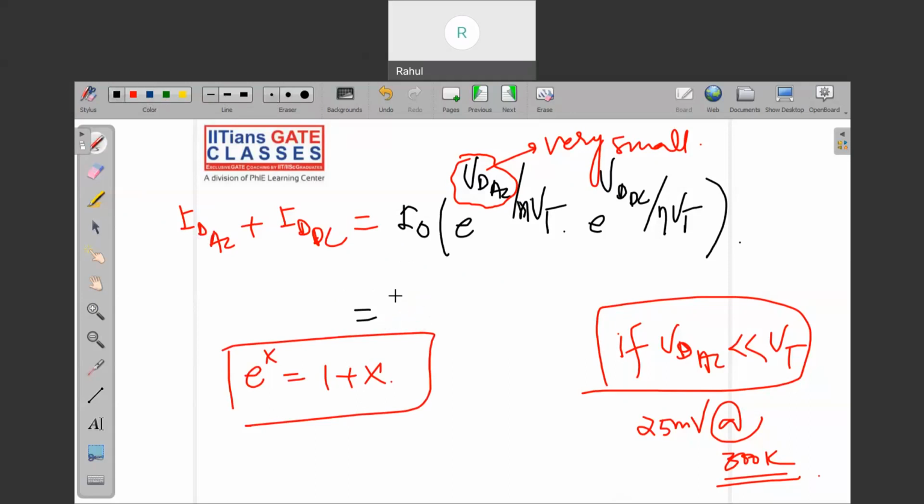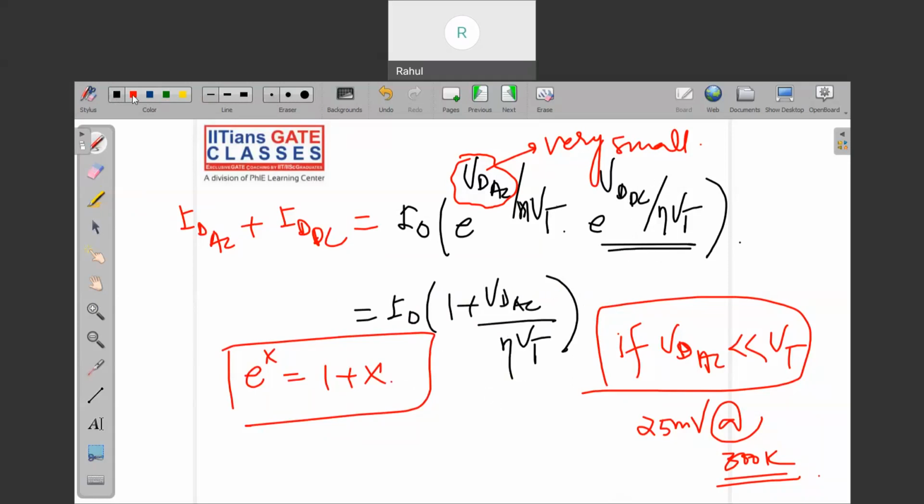Right, so I0 can be written as 1 plus VDAC upon ηVT, in the bracket. What is this basically?